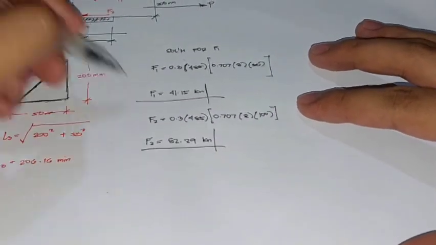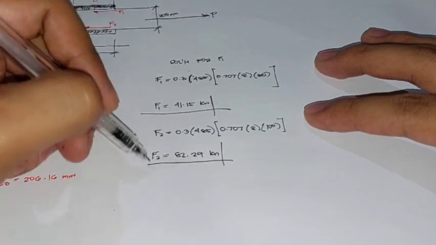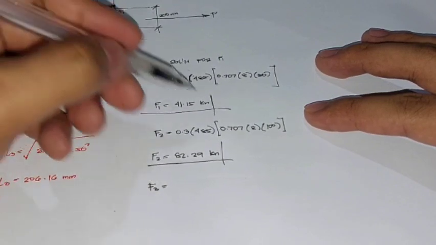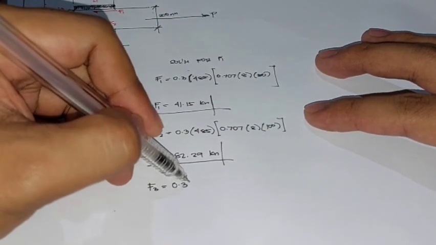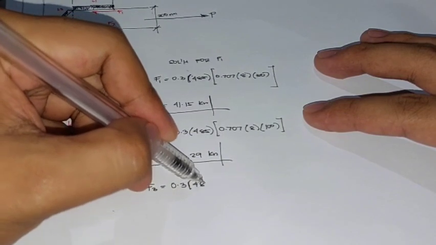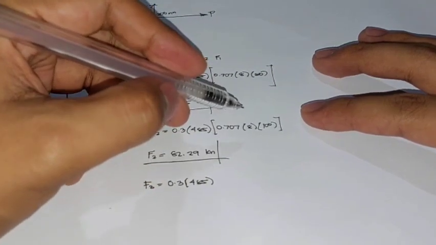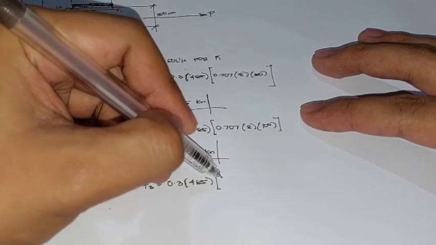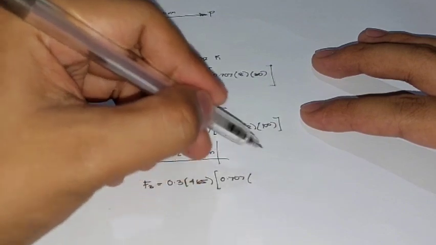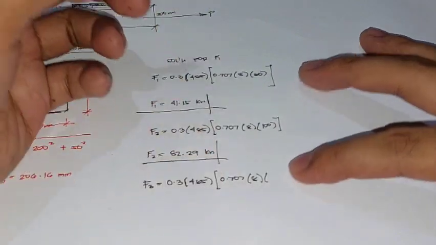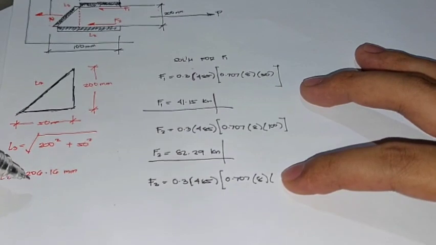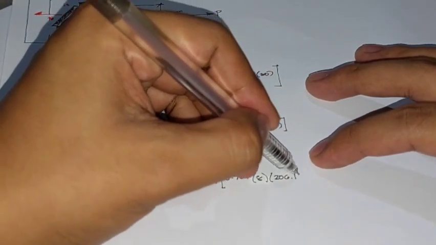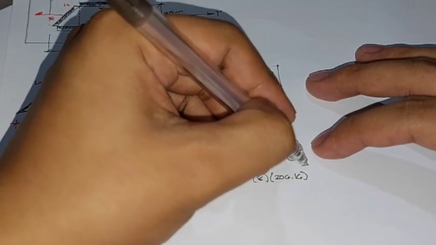And F3, since F3 is still missing: 0.3 Fu, which is 485, times 0.707 times 8 times the length of L3, which you solved as 206.16.